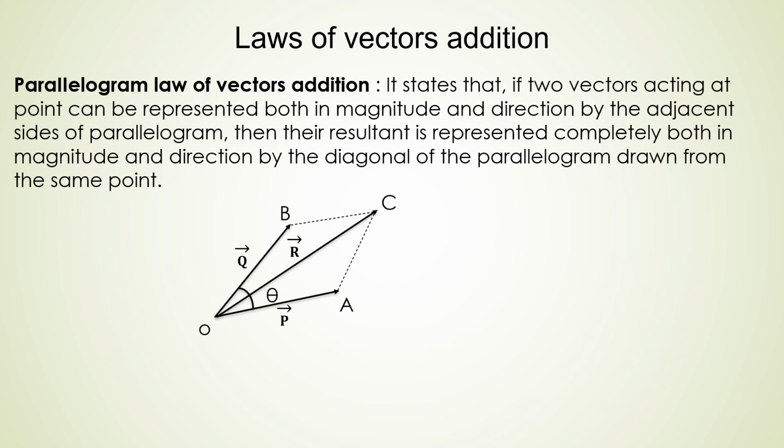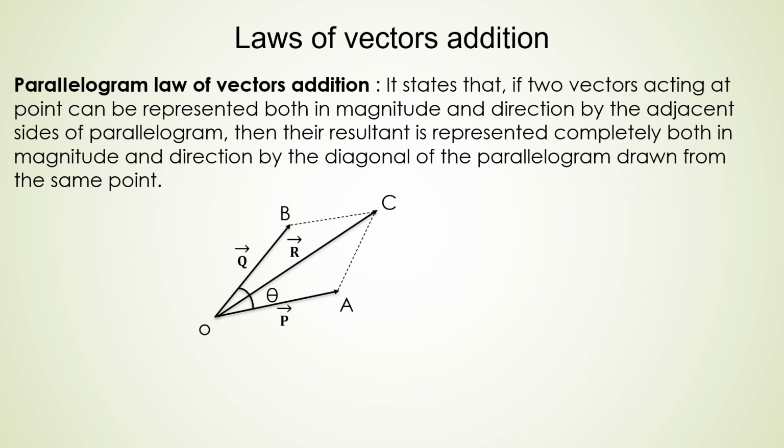From the figure, let vectors P and Q acting at a point O be the two vectors inclined at an angle theta. Let them be represented both in magnitude and direction by the adjacent sides OA and OB of the parallelogram OACB.